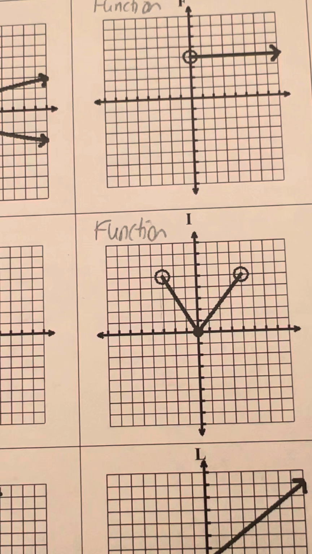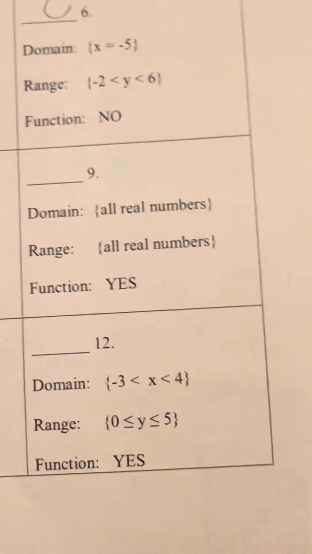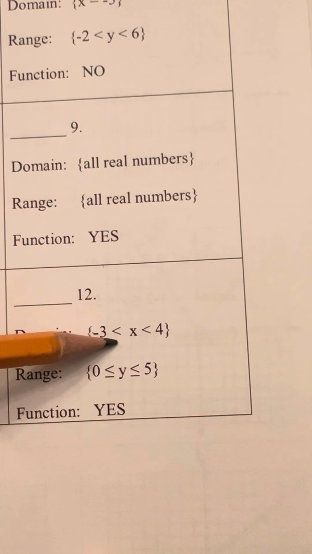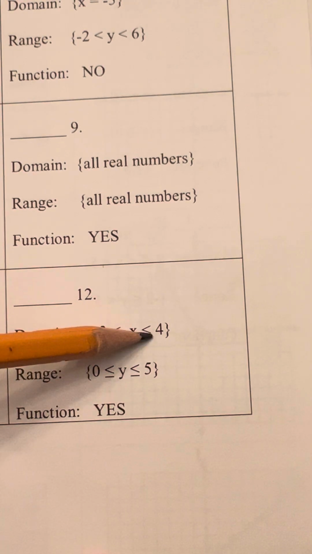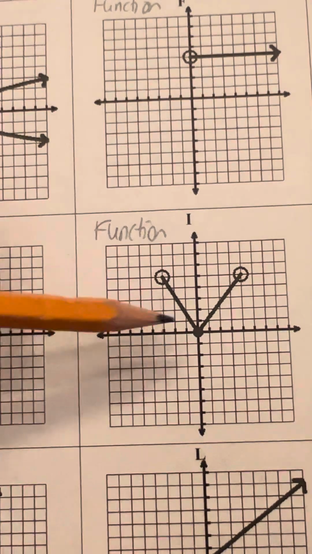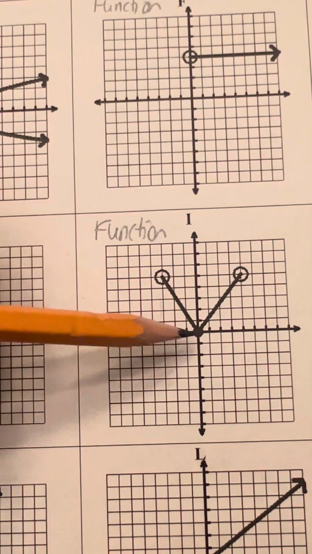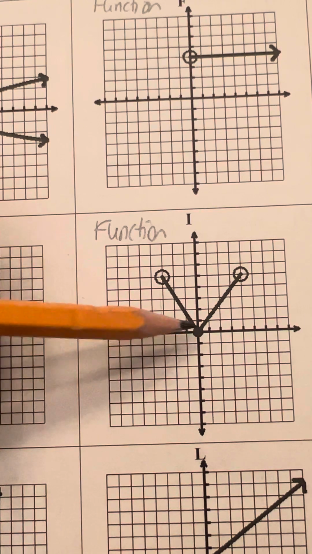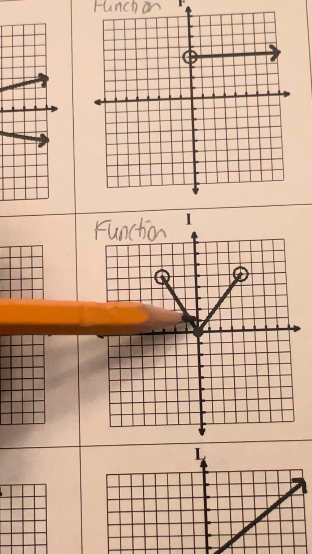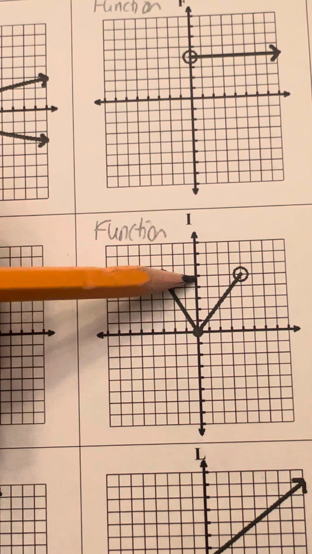So it is a function. It starts at -3, does not include it. There's no line underneath that inequality symbol, and it goes up to 4, but does not include 4. And then when we look at the y values, it does have a closed circle at 0, 0. So my lowest point is 0, but it goes up as far as 1, 2, 3, 4, 5.